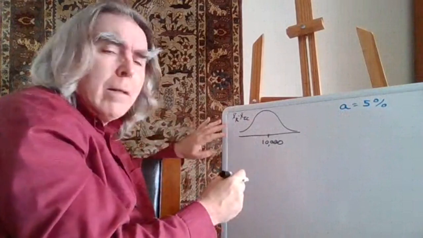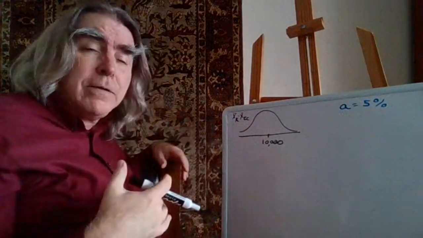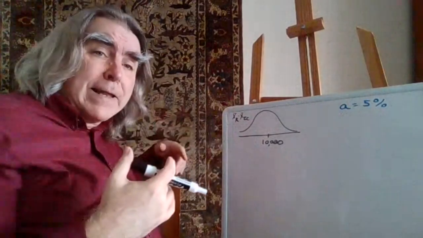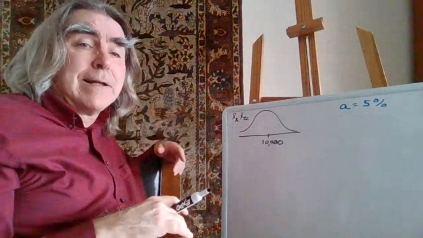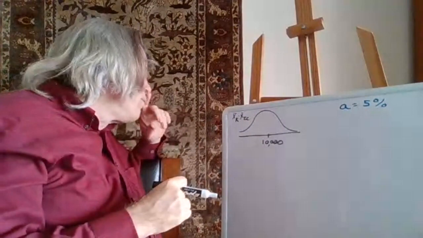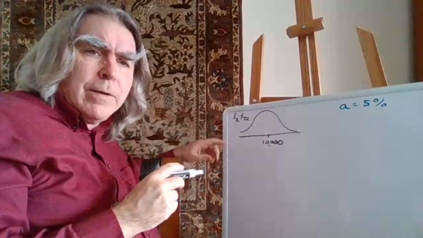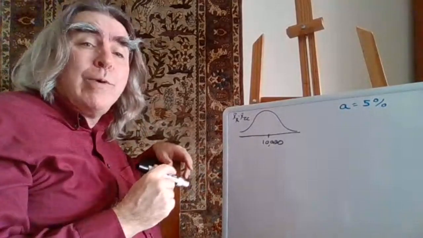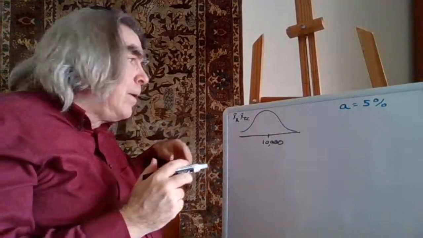Anyways, we conclude that the null hypothesis was that our faculty at Texas A&M Kingsville earn more than $10,000, right? Then what we're going to try to do is figure out when we can reject that null hypothesis.